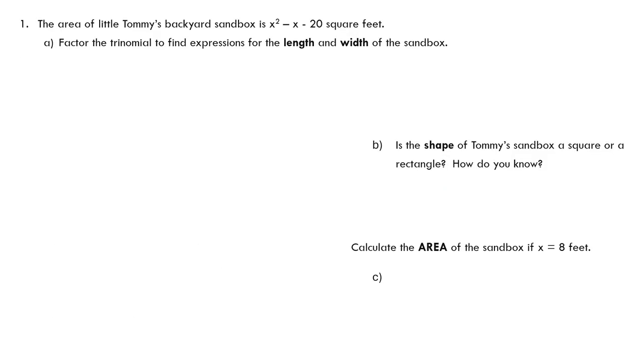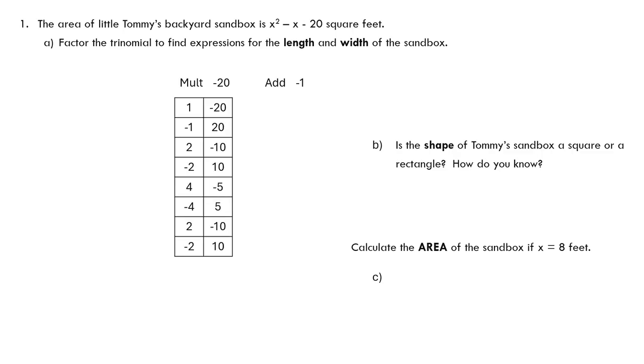The area of little Tommy's backyard sandbox is x squared minus x minus 20 feet. Factor the trinomial to find the expression for length and width. So, we are looking for two numbers that multiply to negative 20 and add up to negative 1.